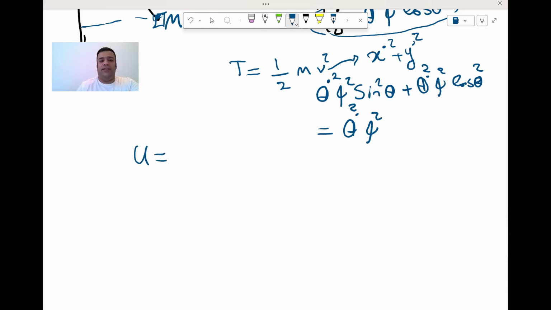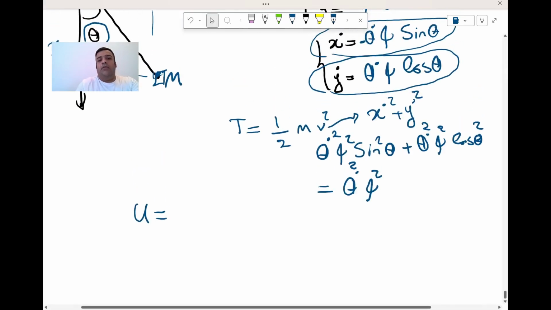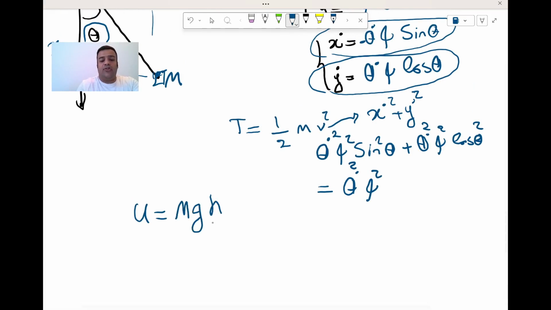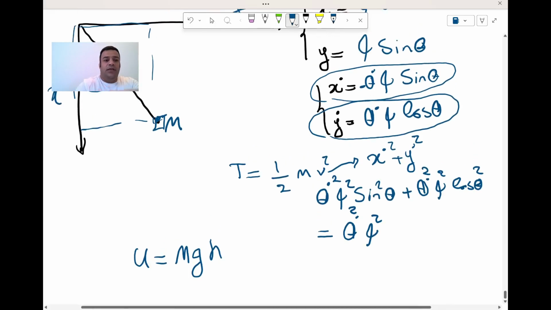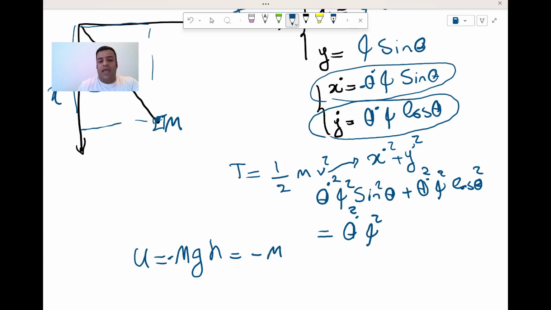Okay, but if we are going to calculate the Lagrange equation, we are going to use U. What is the U exactly? In the previous video, we know U is mgh. Also, the h here is L cosine theta, but with the minus, so U is minus mgL cosine theta.